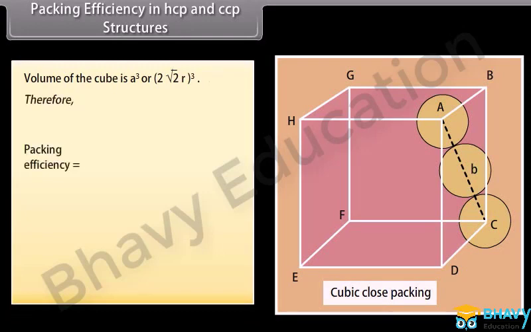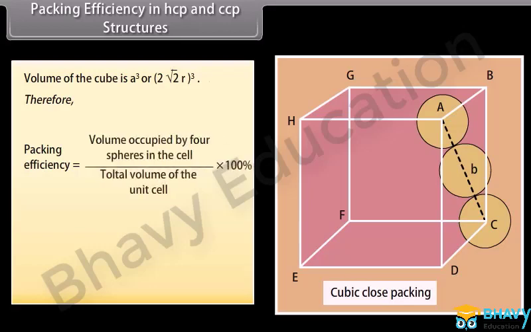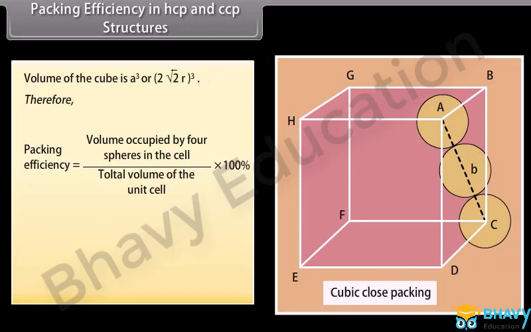Therefore, packing efficiency is equal to volume occupied by 4 spheres in the cell × 100 upon total volume of the unit cell, which is equal to 4 × 4/3 πr cube × 100 upon (2√2 r) cube, which is equal to 74%.